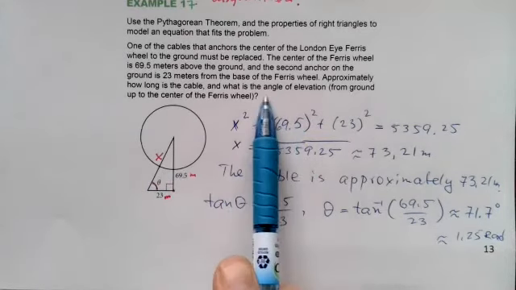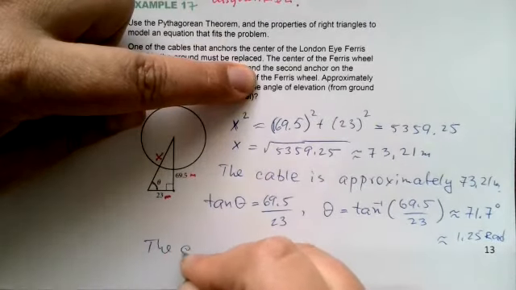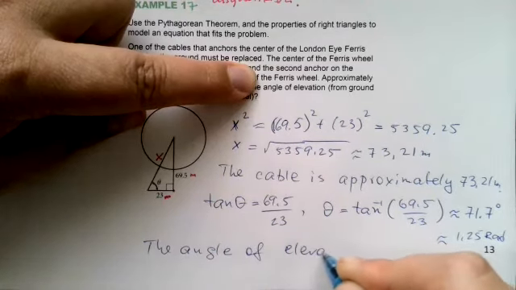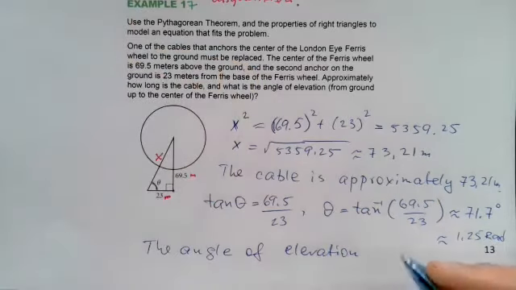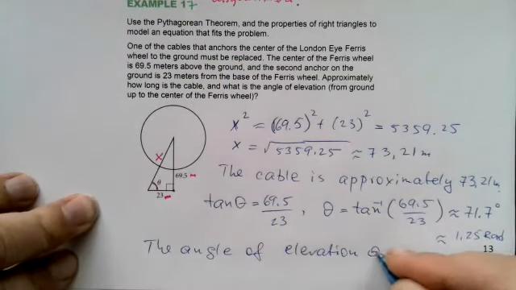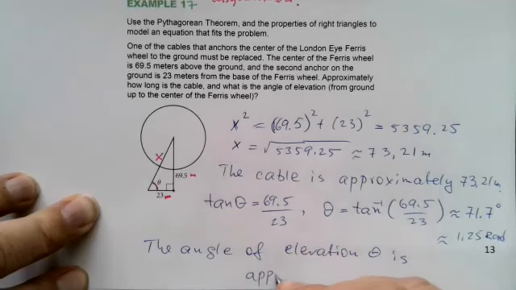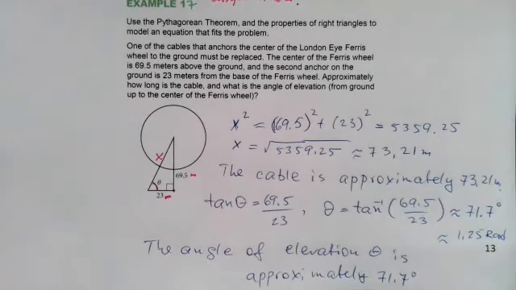We could write that the angle of elevation from the ground to the center of the Ferris wheel, we just call it theta, is approximately 71.7 degrees. All right, so that's it for example 17.